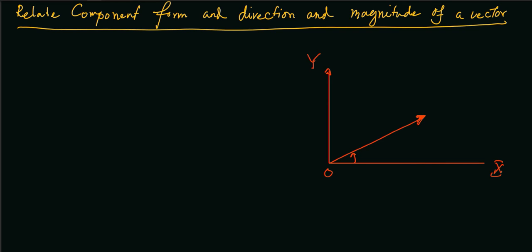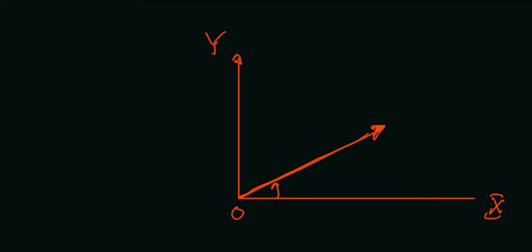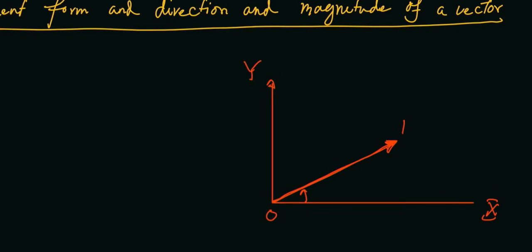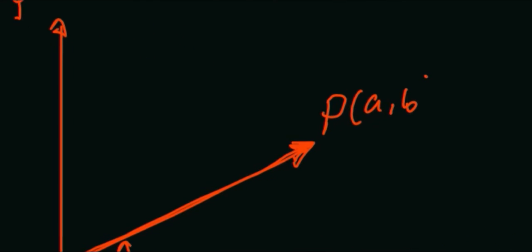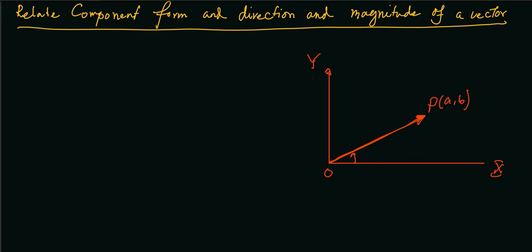let's say this is a vector given in the standard form, as you can see in the graph here, and we assume that the endpoint here is just (a, b). So the coordinate of this point, the terminal point, is (a, b), and we denote this vector as v.